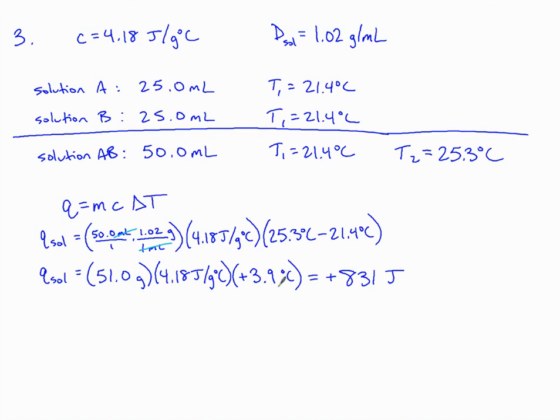The delta T was positive, temperature went up by 3.9 degrees Celsius. And so as we go through this, Celsius cancels, grams cancels, and that leaves us with capital J, joules. Joules is a measure of energy. Heat is a type of energy, and so we're measuring it in terms of joules.